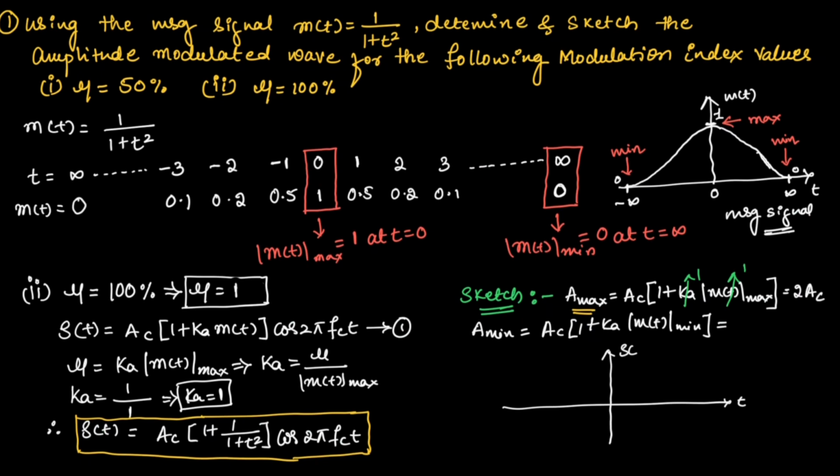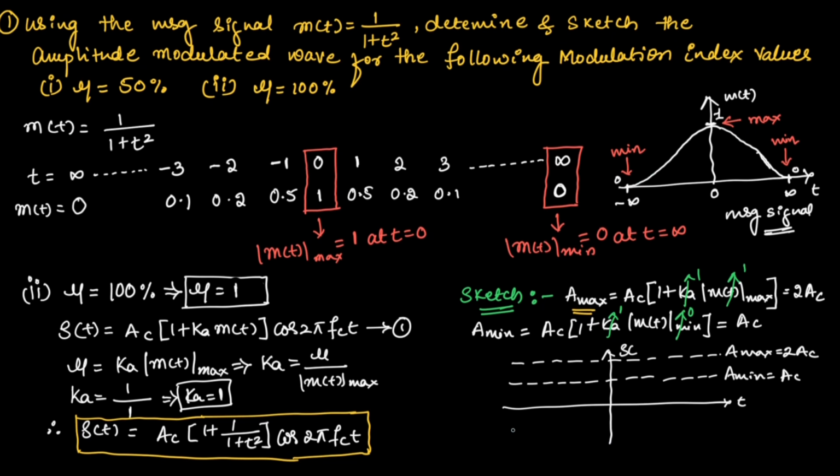If we consider m of t minimum as 0 and Ka as 1, so it will be 0 into 1, it is 0, 0 plus 1 is 1, 1 into AC will be AC. So we got minimum value A minimum is equal to AC and A maximum is equal to 2 times AC.